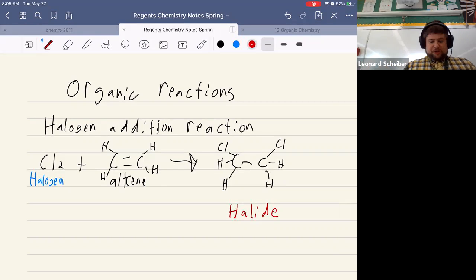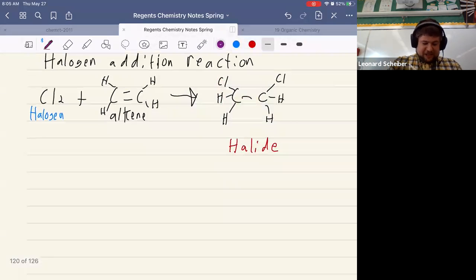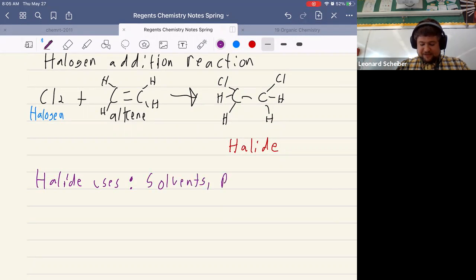Now, why is this so important to us? Why do we care about this reaction so much? Well, as it turns out, the uses of halides are, and these are just some, for example, solvents, pesticides, adhesives, lubricants.